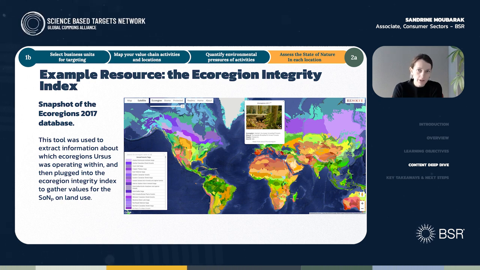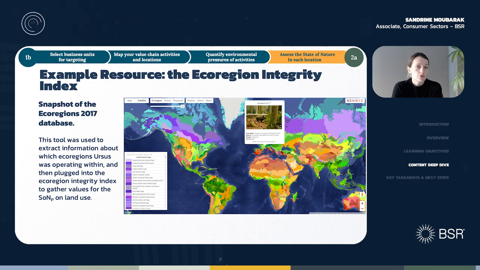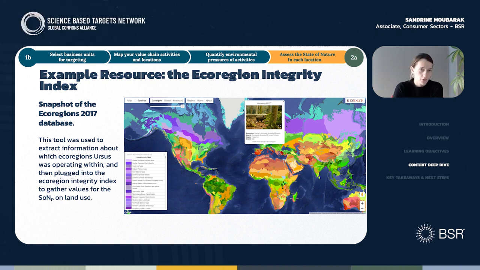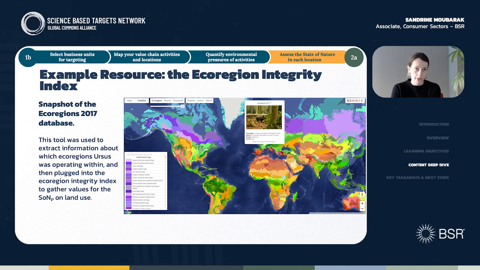We already spoke a little bit about how they matched the ecoregions in which they knew they were operating to unique ecoregion IDs, and then finally subtracted index values for each location from 1 to have a score of 0, which is equivalent to a landscape with full integrity, and 1, which is equivalent to a landscape that is fully degraded.